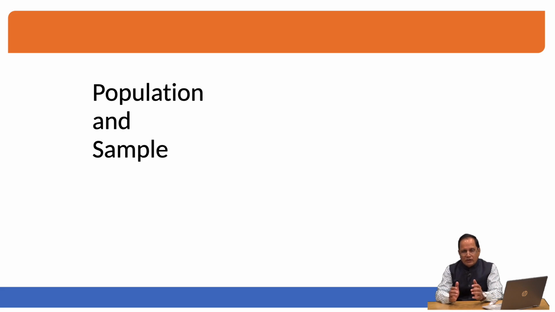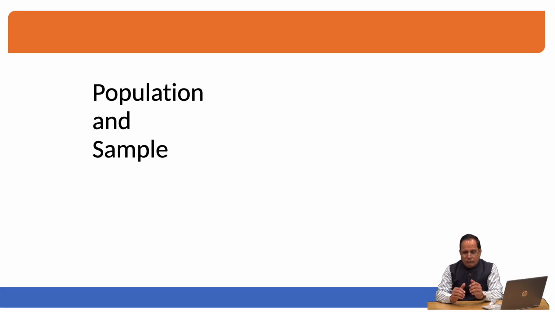Census study is when the whole of the population is taken into consideration for the conduction of the research, whereas the sample study is where a particular unit or some of the subjects from the population are selected for conduction of the study.